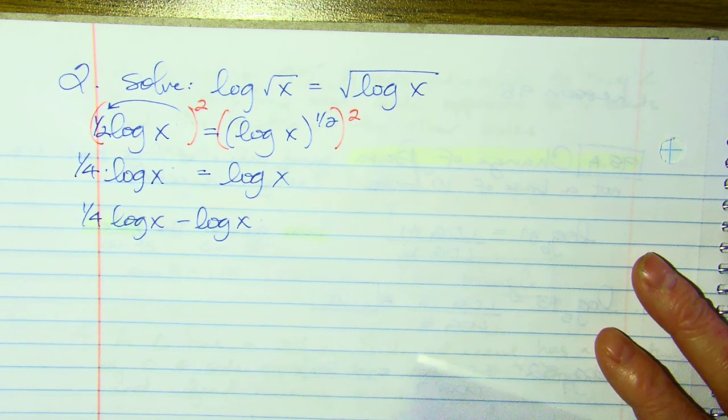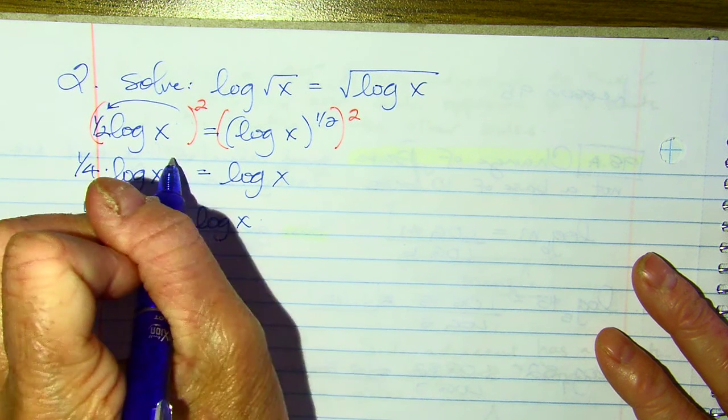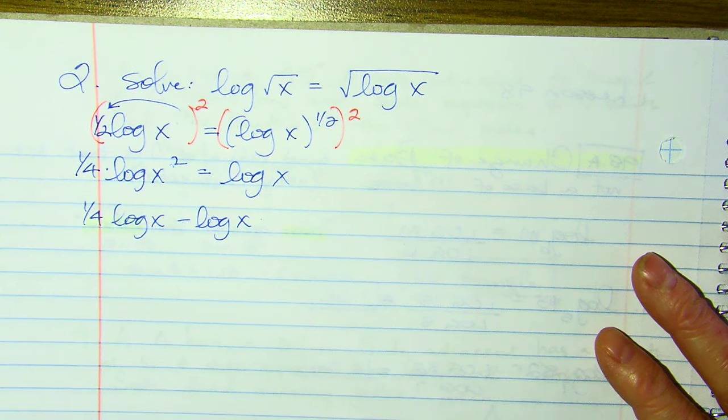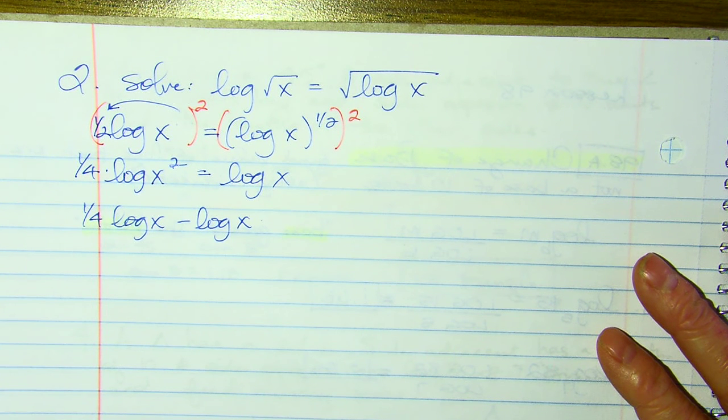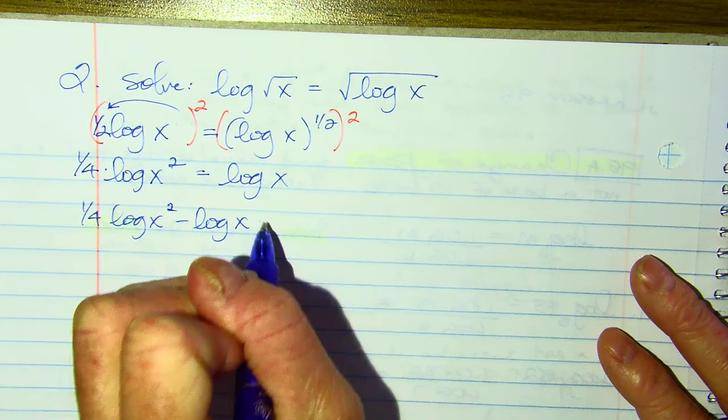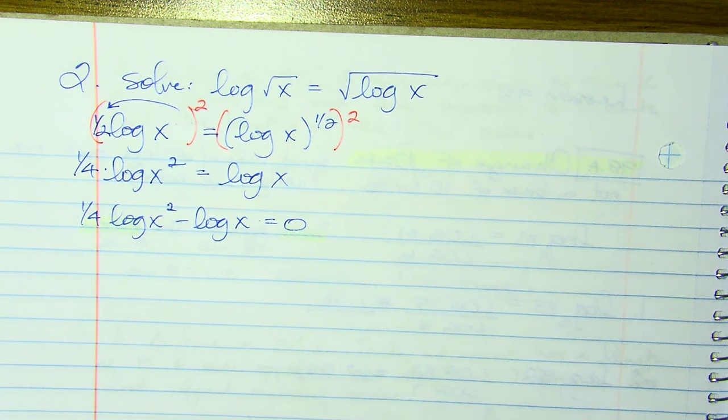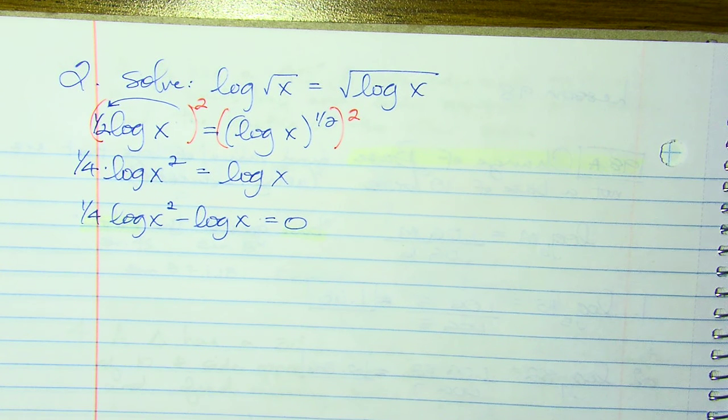I feel like I've done this wrong. This is now squared. Sorry. Because I would have 1/4 log x squared, and then I would subtract log of x.